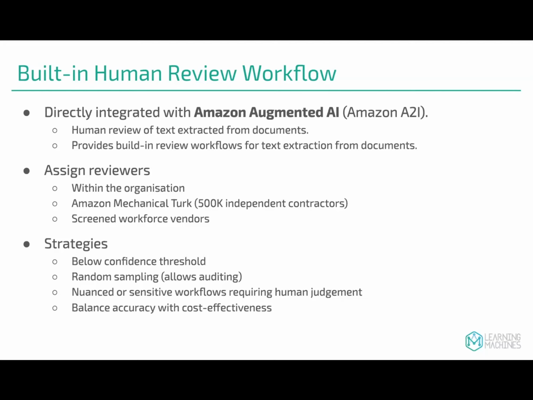Doing all of this gives you a balance between accuracy and cost effectiveness. And so you would choose thresholds that would allow enough accuracy, but also would be cost efficient.